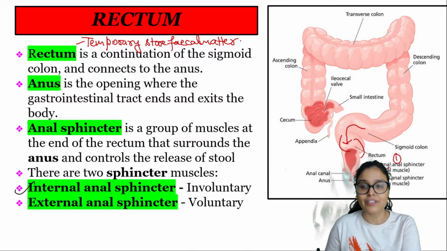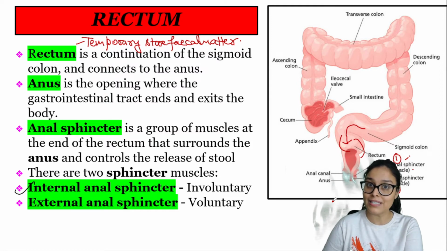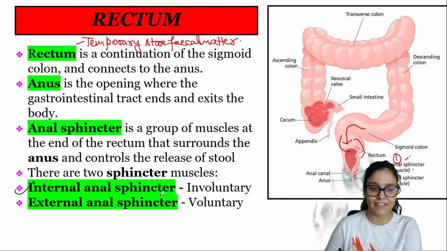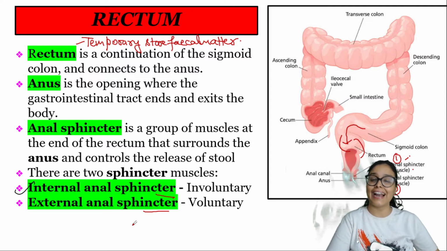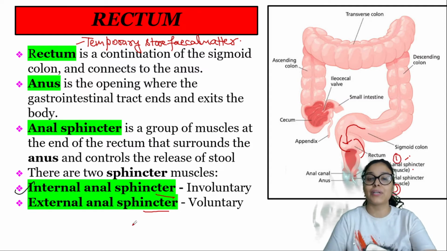One is the external sphincter, which is skeletal, means voluntary, it is in our control. Another one is the internal anal sphincter, which is smooth muscle, involuntary, not in our control. So one is in our control, another is not.